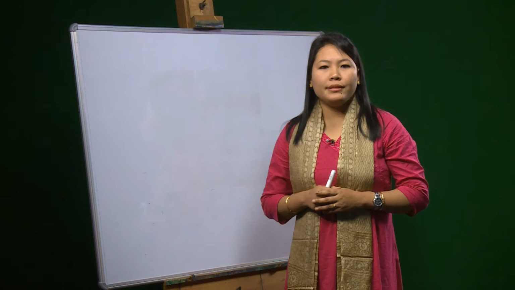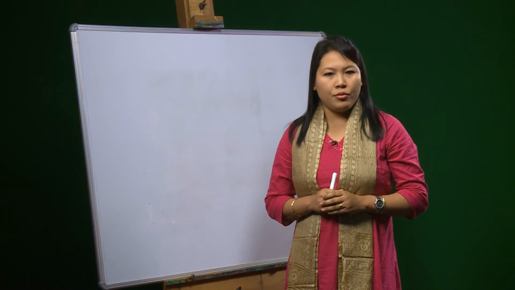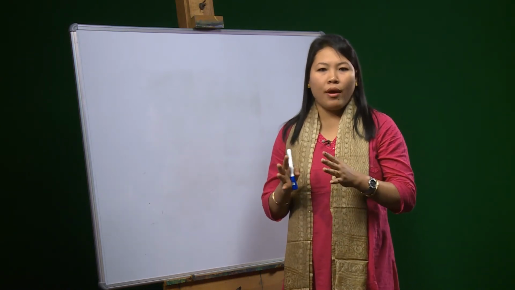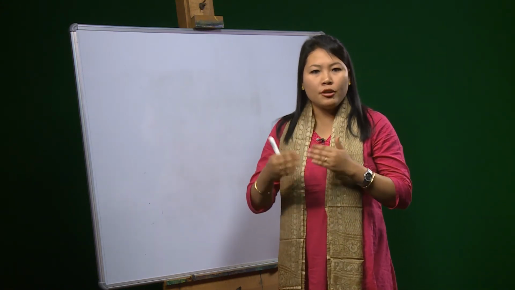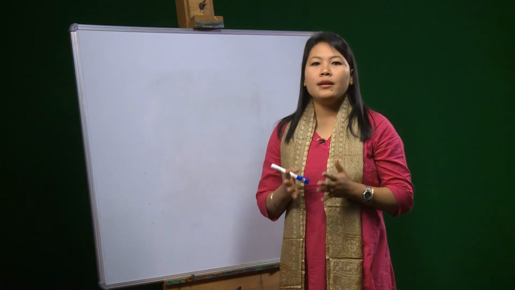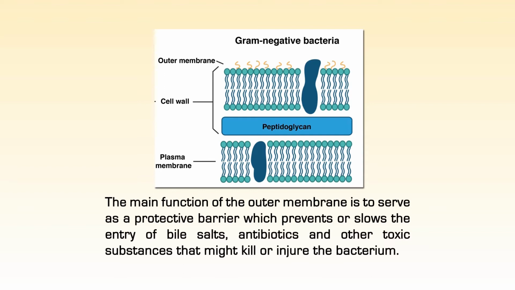The lipopolysaccharides are an integral component of the outer membrane of gram-negative bacteria. And these lipopolysaccharides participate in various membrane functions that are essential for bacterial growth and survival. Further, the main function of the outer membrane is to serve as a protective barrier which prevents or slows the entry of bile salts, antibiotics, and other toxic substances that might kill or injure the bacteria.